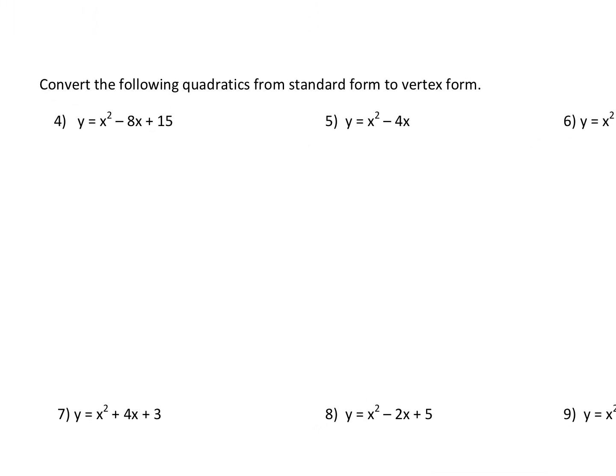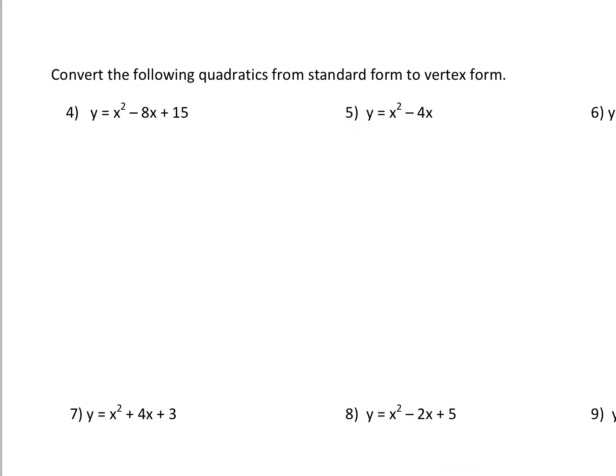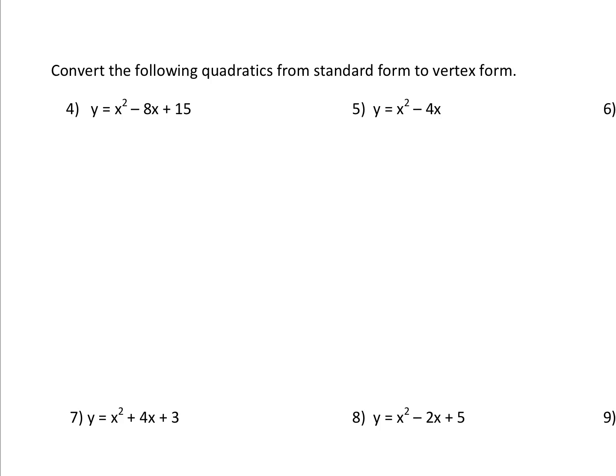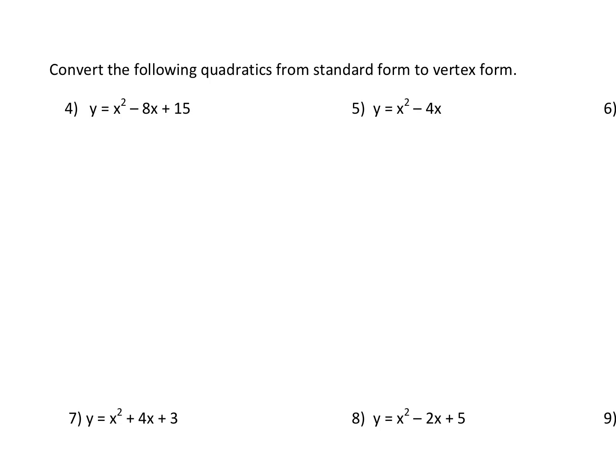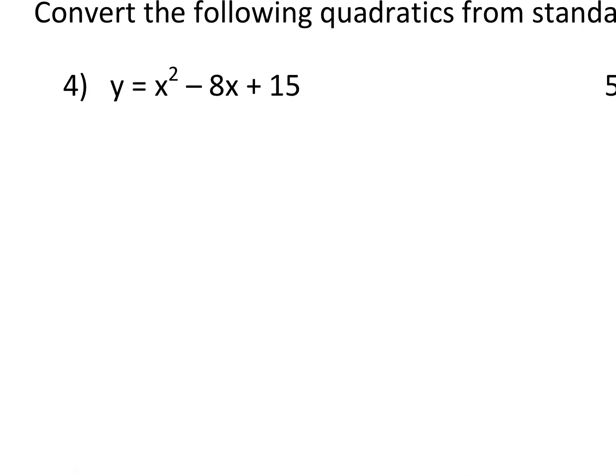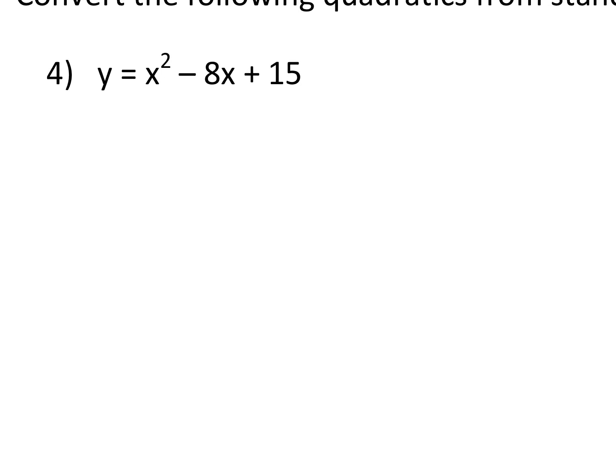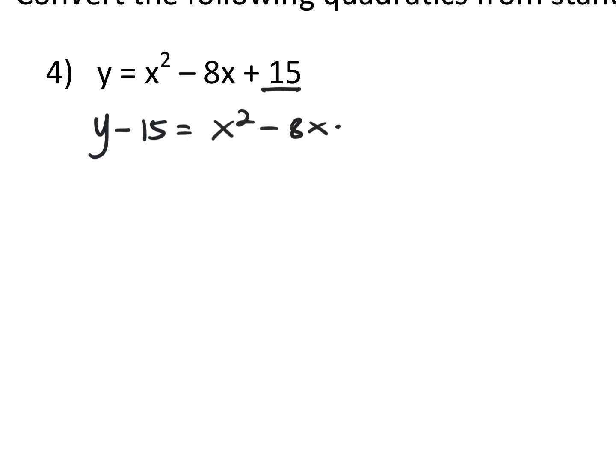Okay, next, convert the following quadratics from standard form to vertex form. Okay, let's look at number 4. So the first thing we're going to be doing here is to transfer this one to the other side. So that's going to give you y minus 15 is equal to x squared minus 8x, and then we're going to add something in here to complete the square.